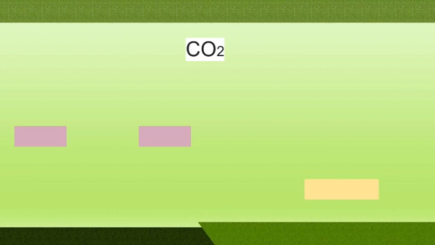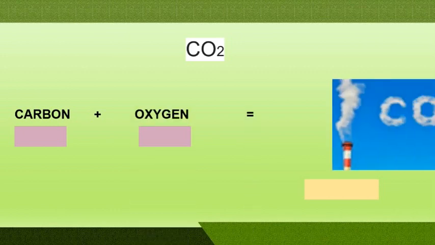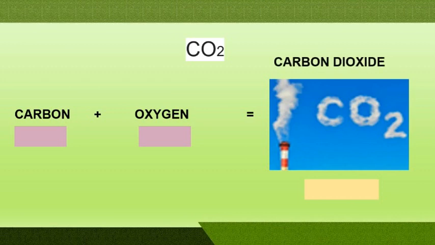CO2 or carbon dioxide is the combination of carbon and oxygen, so the product is carbon dioxide. Carbon is an element, oxygen is an element, therefore carbon dioxide is a compound.